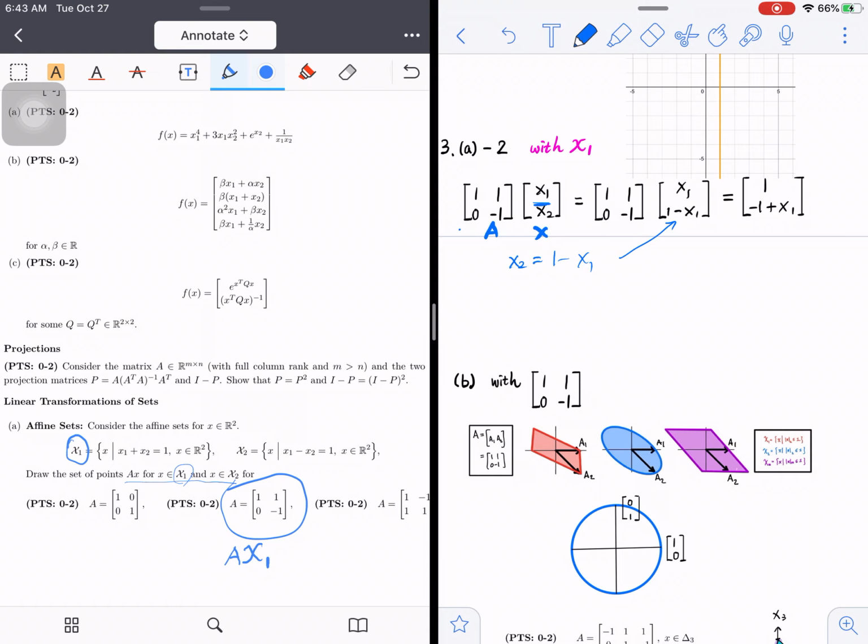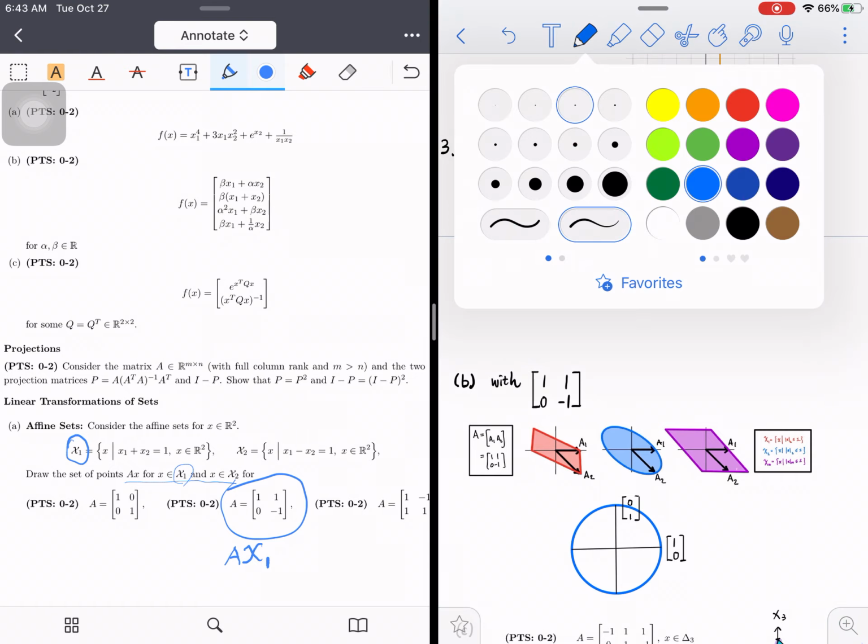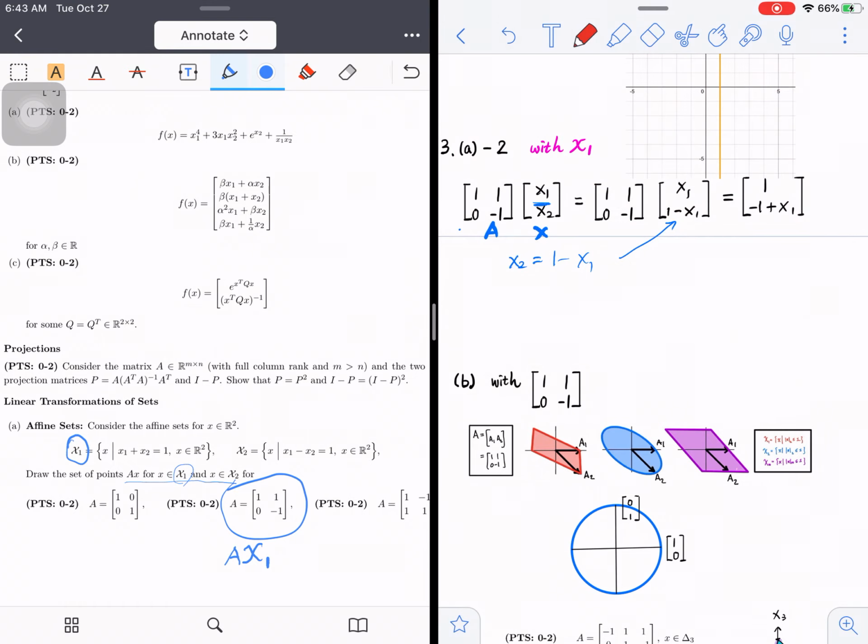So this is what you obtain. However, you have to understand what this is. The meaning of going from this step to this is that this x is in this set, I believe this is called chi.